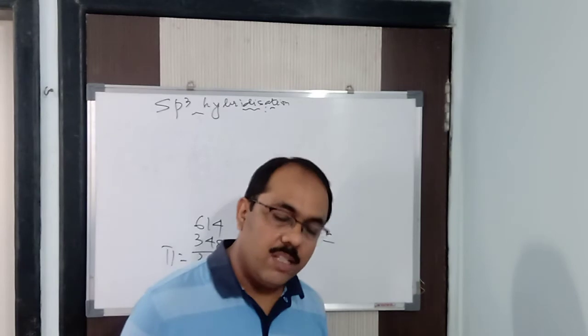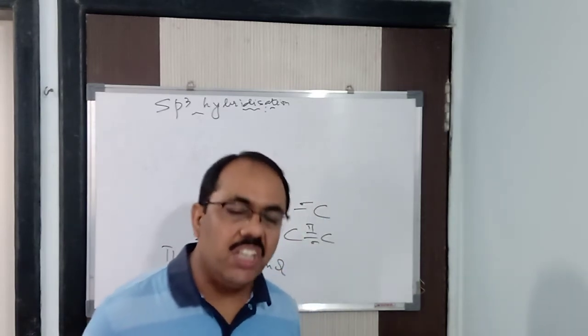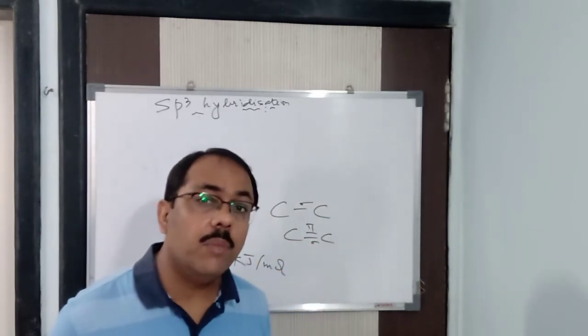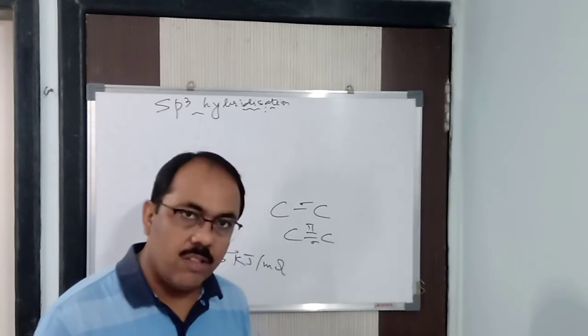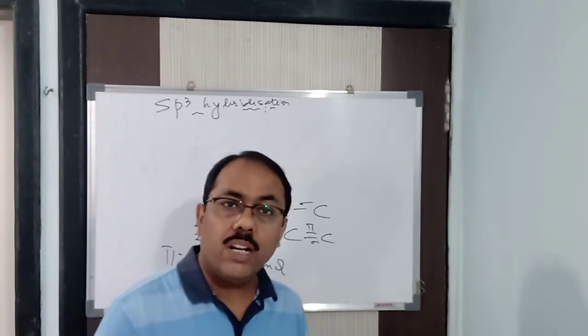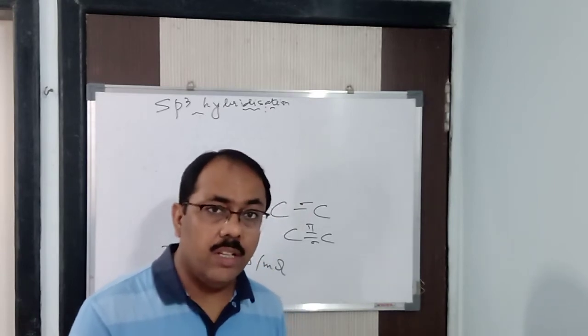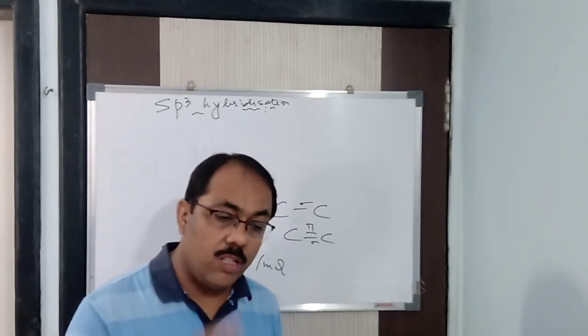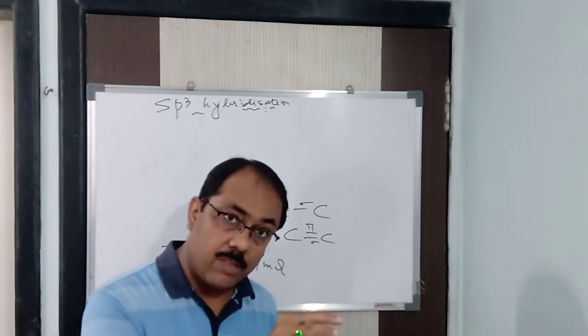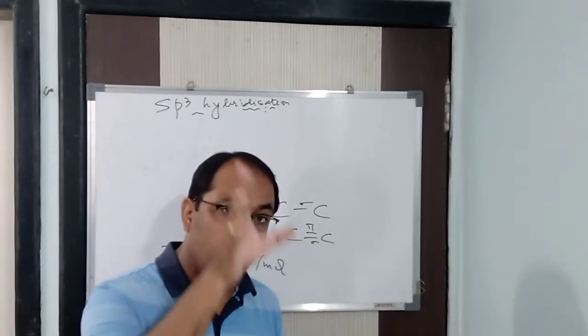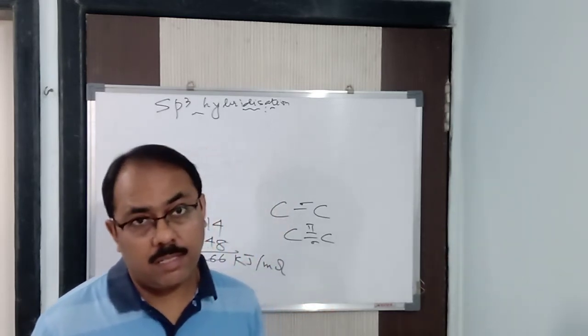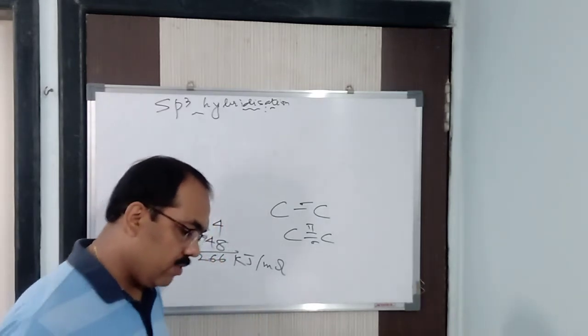It is quite less, hence the pi bond is a weaker bond. Mind it. I already said that the pi bond never undergoes hybridization. When you draw the hybridized diagram, you will see that in the case of a sigma bond, one lobe will be bigger and the other lobe smaller. But in the case of a pi bond, both lobes will be of the same size. I've already said this. Remember these particular points.